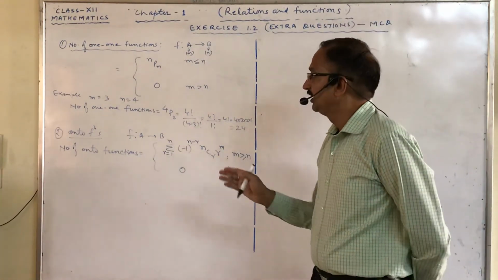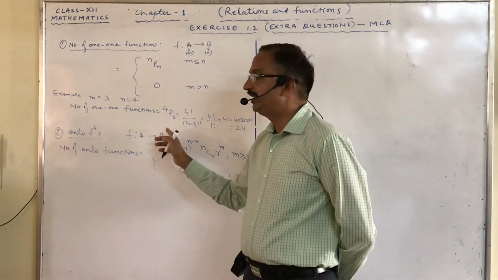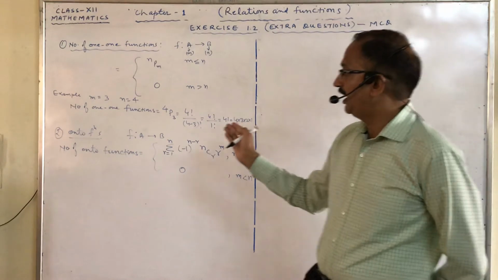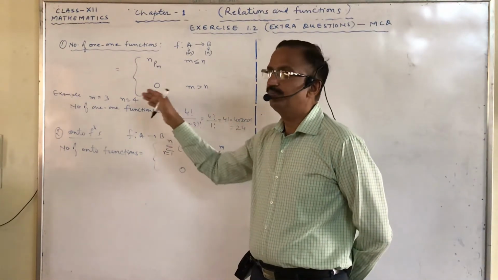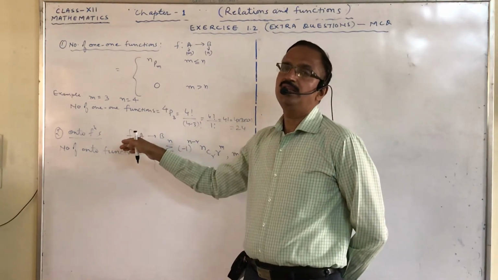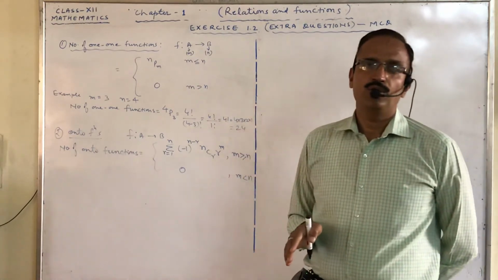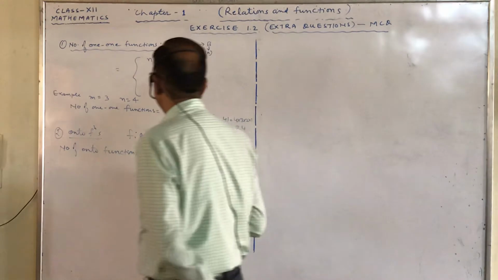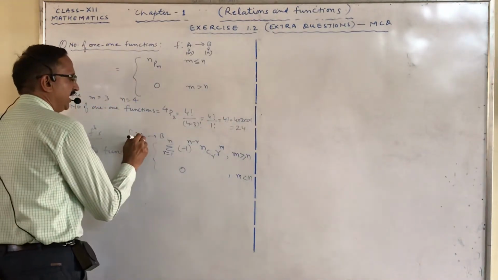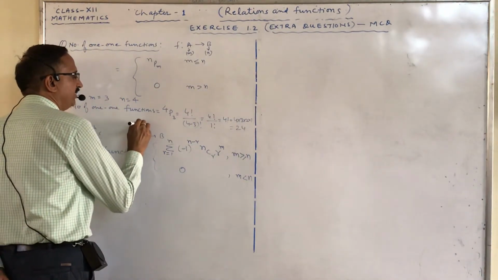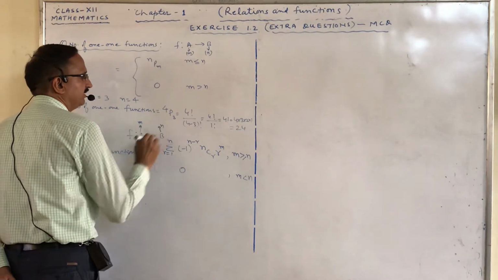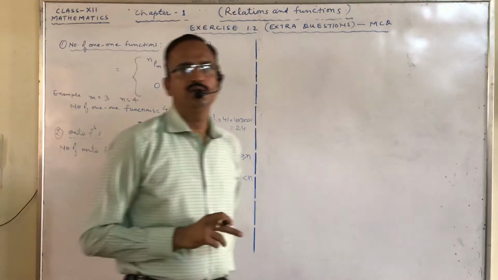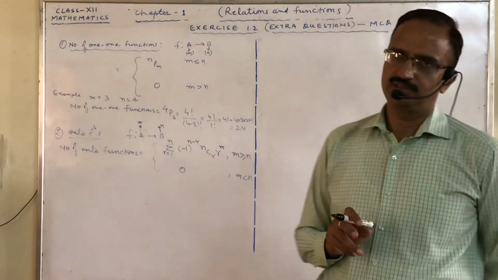It means no element of B is empty, meaning every element of B has a pre-image in A. Then only onto functions are possible. So if the first has m elements and the second has n, and m is greater than or equal to n, then onto functions are possible.